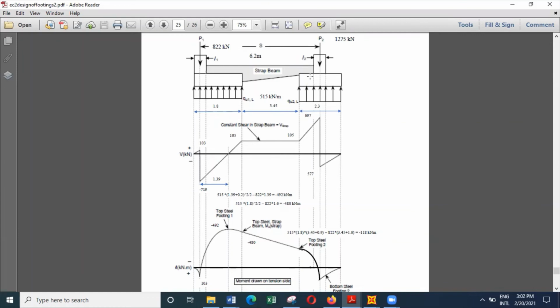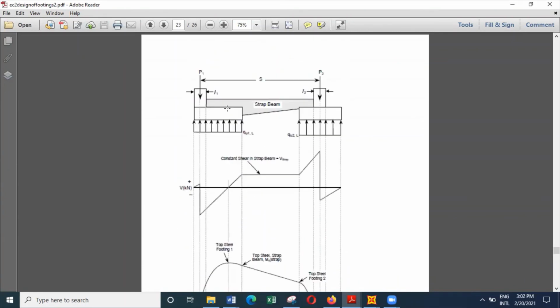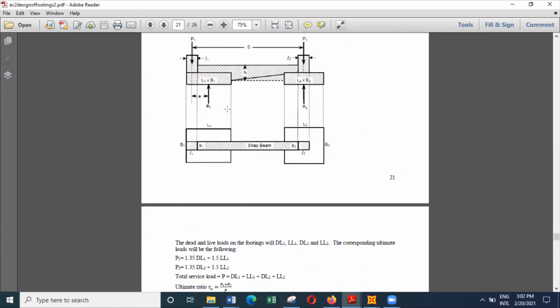So the flexural reinforcement of this footing will be designed for this pressure. And in addition to that, you will have to consider the transverse reinforcement in this footing as well as this footing, and that reinforcement has to be decided by considering a face here.